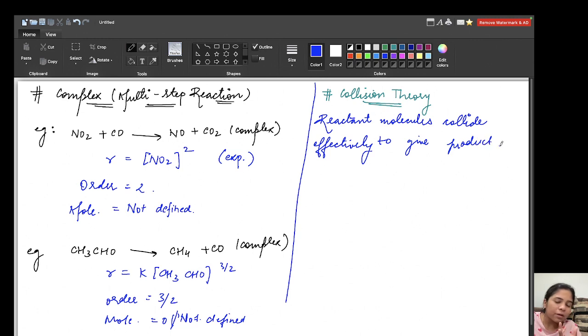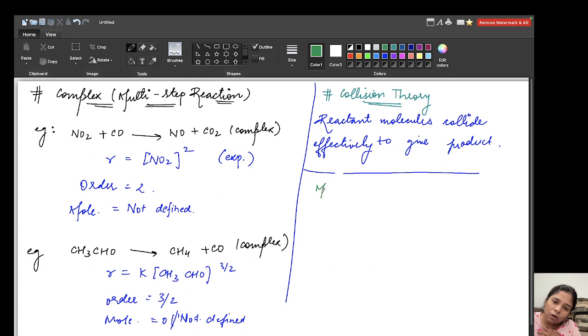How does a chemical reaction happen? By the collision of atoms, collision of molecules, right? Now there might be some collisions which we don't care about, which are not effective, which are not giving us the product. So this is what collision theory is telling: some molecules give effective collisions and some molecules don't.